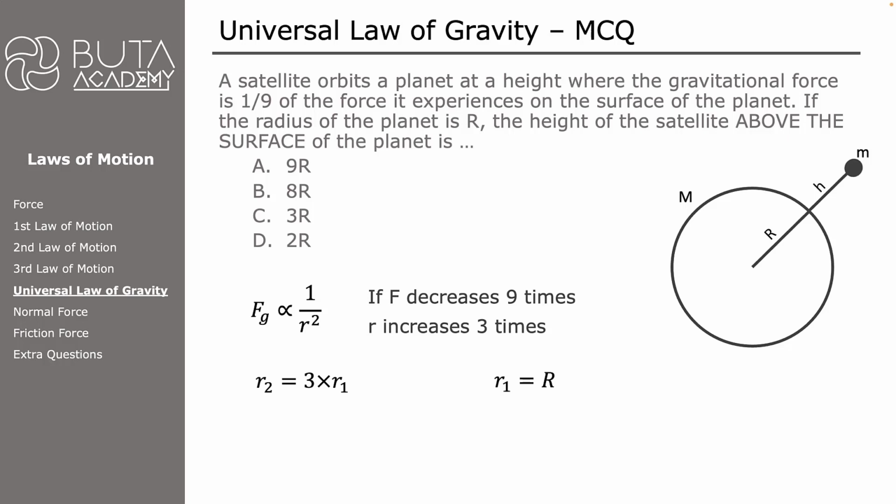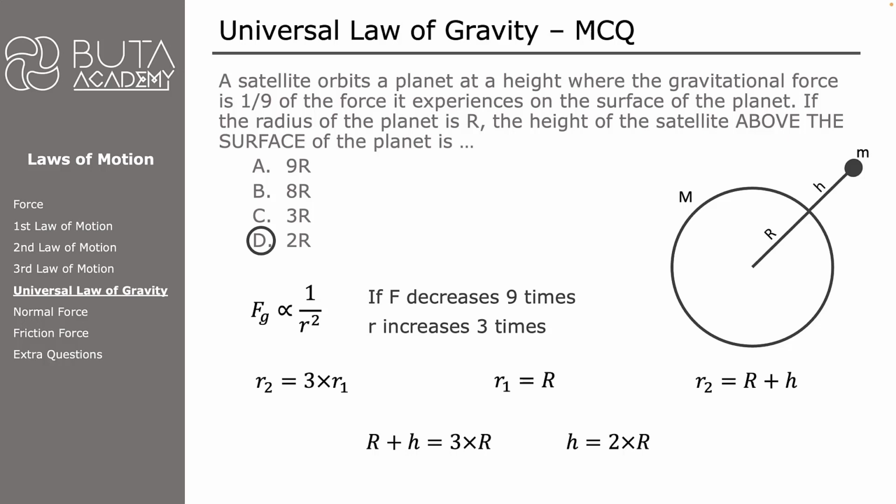So distance r2 is equal to the sum of the radius of the planet and the height h. After substituting r1 and r2 in the first equation, the radius of the planet plus height is equal to 3 times the radius of the planet. As a result, the height is equal to 2 times the radius of the planet. So the correct answer for this question is D.